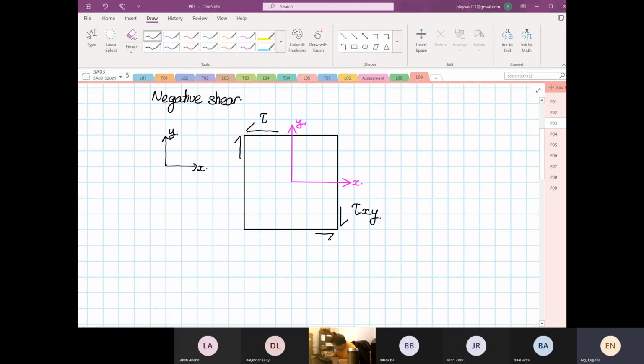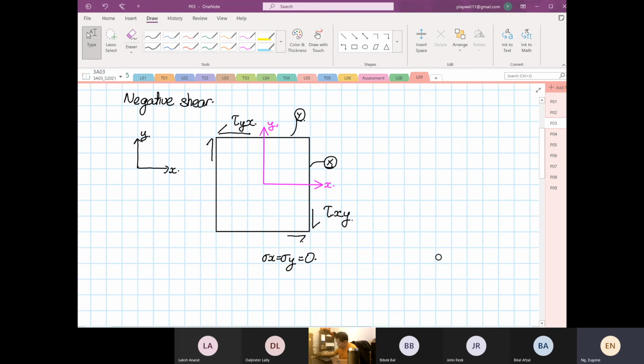Over here, the intersecting plane is Y, and the shearing stress direction is in the X. So this will be our point X, and this is our point Y, and we realize that stress X is equal to stress Y, and this is equal to 0.